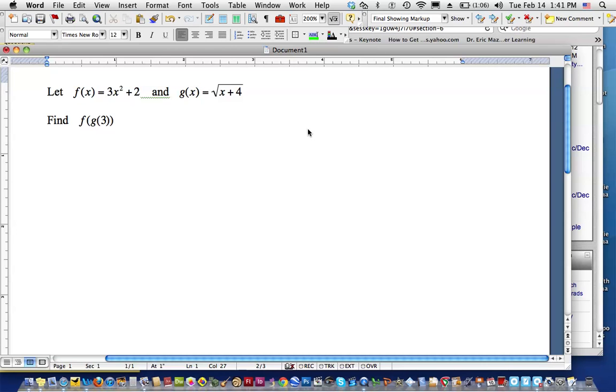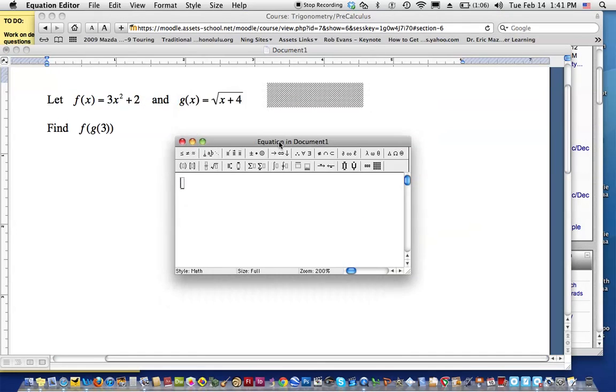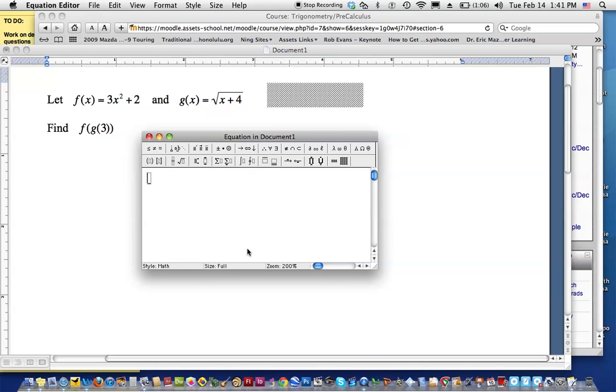So what I'm going to do is start with g of x, which we've already determined is given as the square root of x plus 4. And then instead I'm going to put in g of 3.